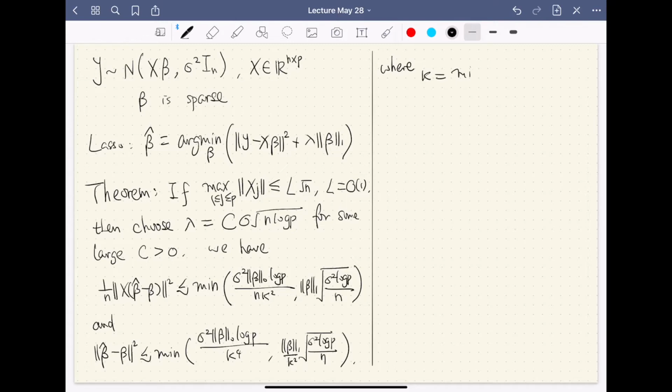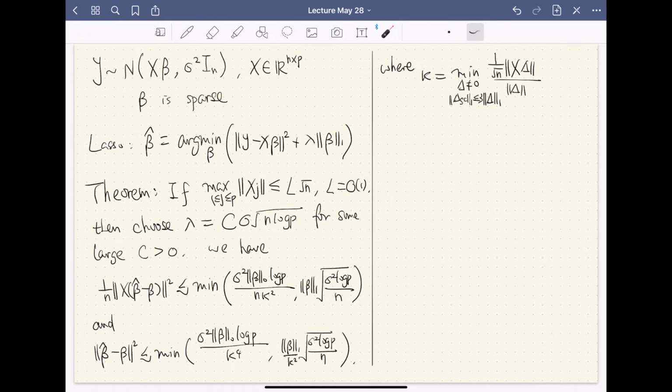This is defined to be the usual definition of the smallest eigenvalue of the sample covariance matrix, but with an additional constraint that the minimization is taken over a cone, because we can prove that for lasso, the error vector must be an element of the cone. So this is the result that we have proved in the last few lectures.